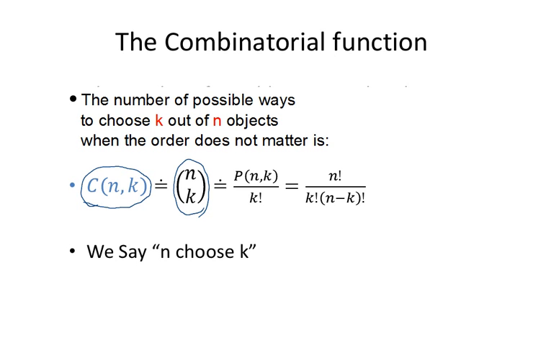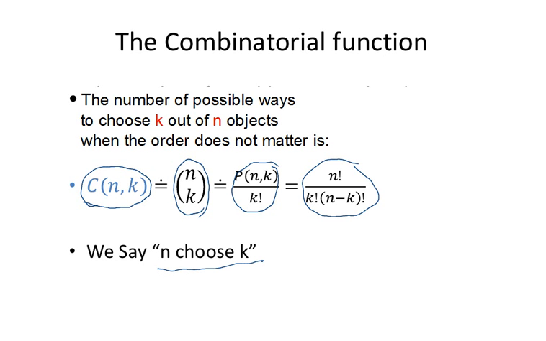It's also equal to P(n,k), the number of permutations, divided by k factorial, or the closed formula for it is simply n factorial divided by k factorial times (n minus k) factorial. And this is called n choose k. Okay, so that is going to be quite useful in future classes.